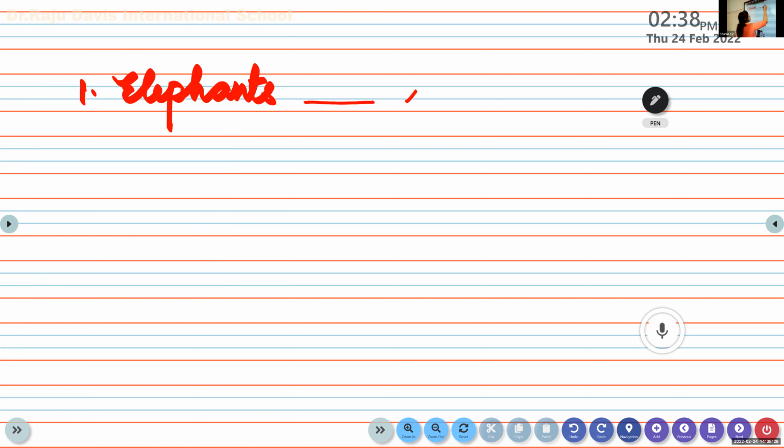Elephants have trunks. Very good. Why have, Henna? I wanted a reason.